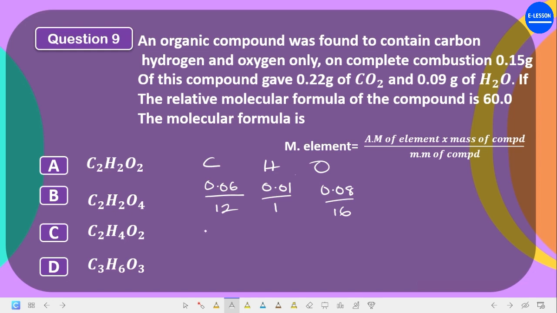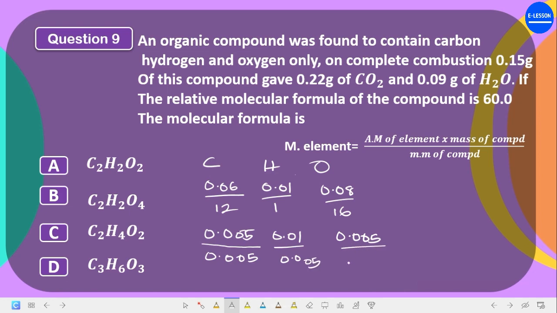When you divide, what are you going to have? 0.005, 0.01, 0.005. Now what are you going to do at the end of the day? Divide by 0.005, which is the smallest. We are dividing by the smallest.